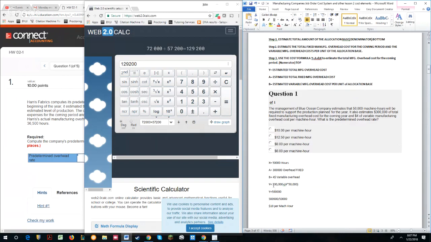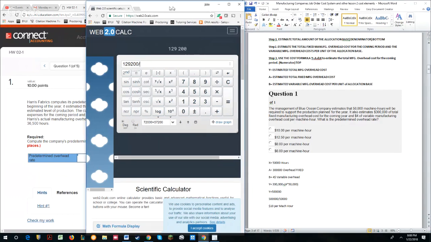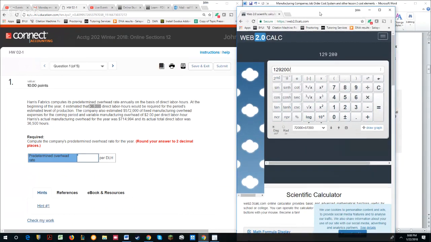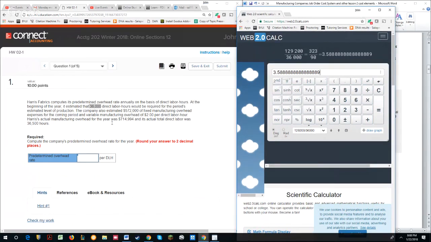So right now I have Y, and now I have to take the number of machine hours as my denominator, and my Y as my numerator. So I have to divide this by 36,000, and it's 3.59. I think that's done right.